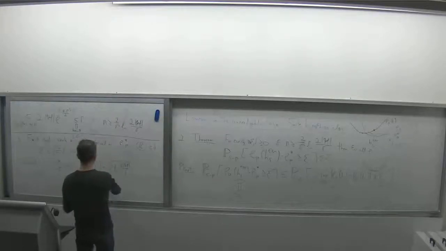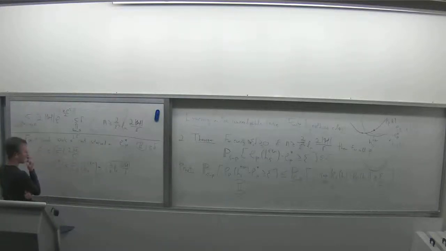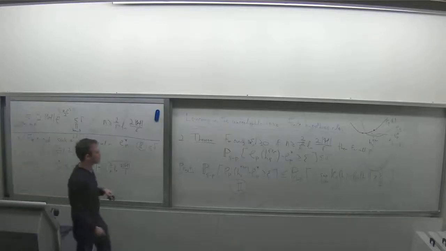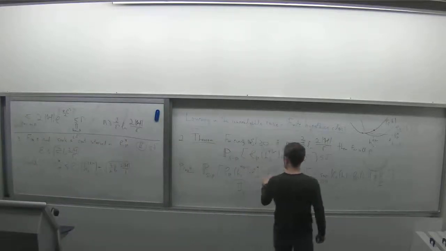Is it minus? Because you want it to be as small as possible, but you can't just make it smaller than the sample error. You have to take the sample error and add the epsilon. It must be smaller than the estimated error plus the epsilon.